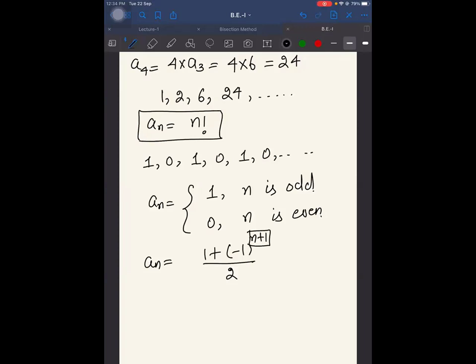Okay, let's start with another topic. Very informally, I'm not doing it in a proper mathematical way, let's start with an informal definition of a subsequence. What is a subsequence?